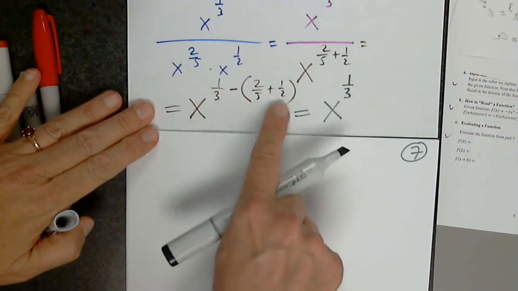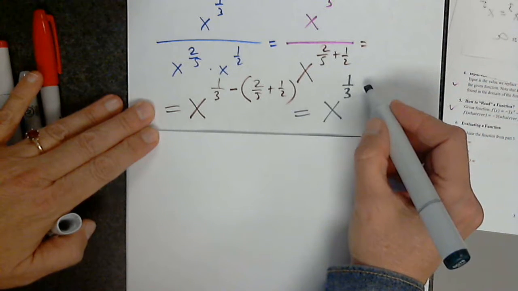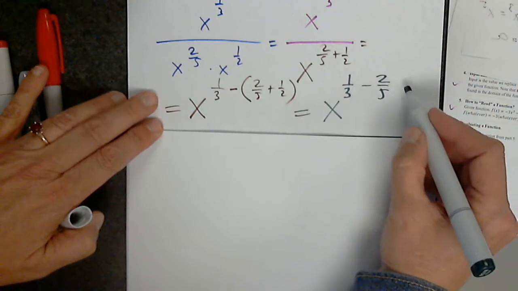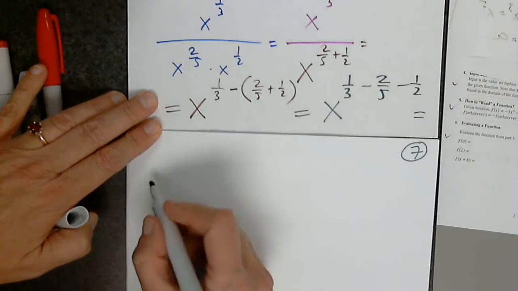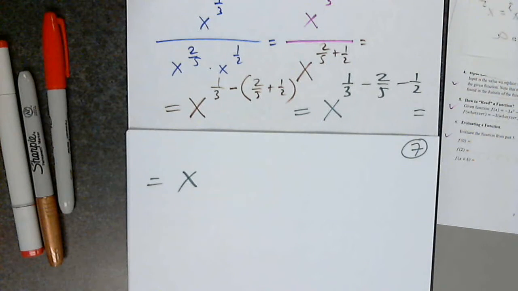I'm distributing -1 to these two terms, right? What do I have to write? Very good. Excellent. Good. Now what am I looking for as my next step? Excellent.